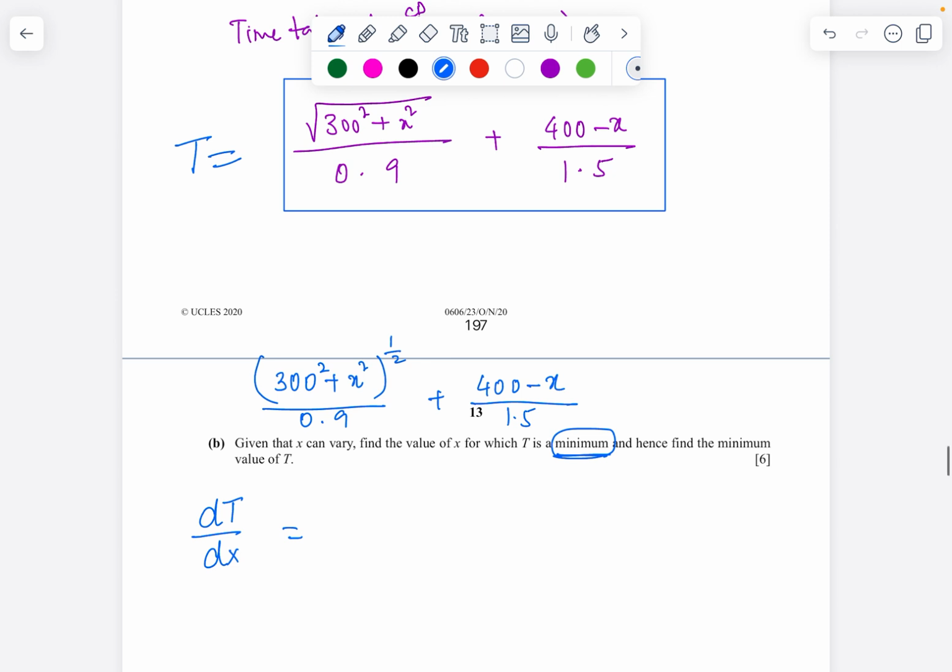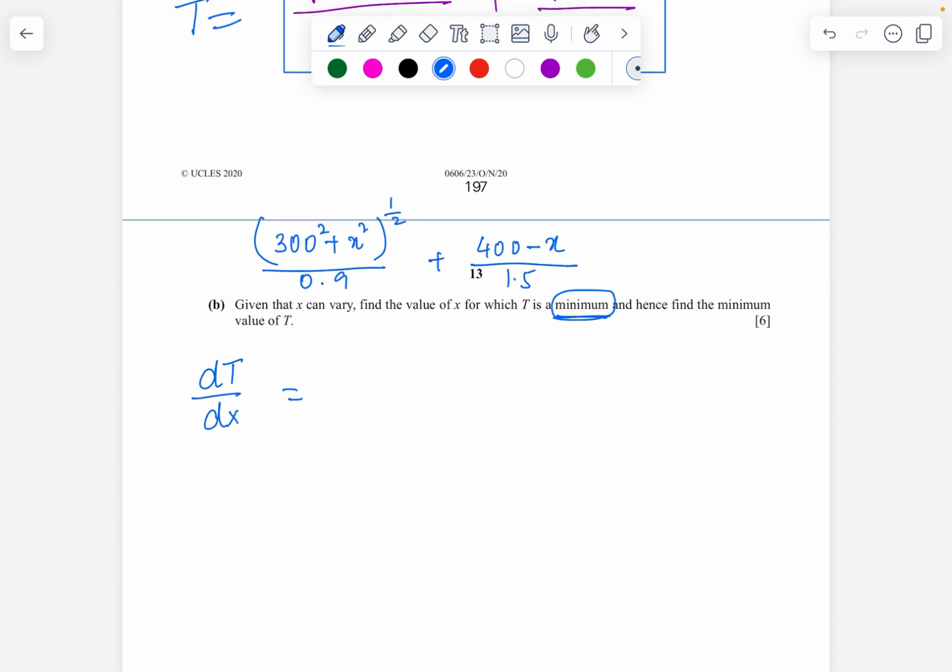For this, I will use the chain rule: 1 over 2, 300 squared plus x squared. Remember the chain rule?